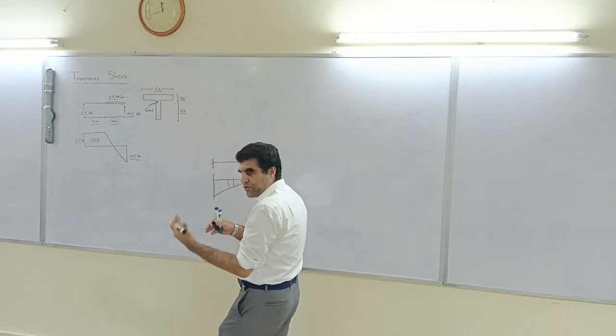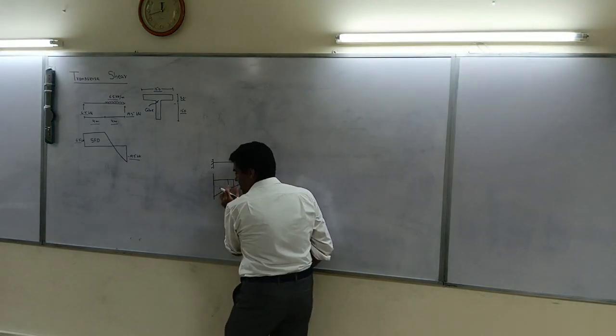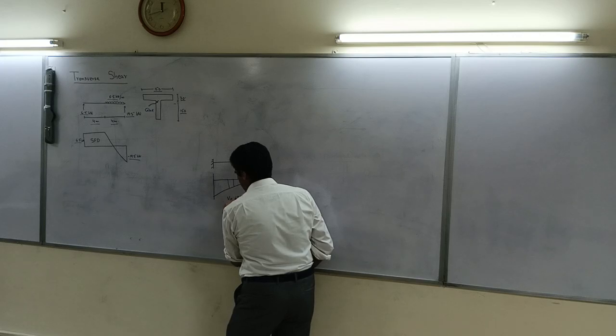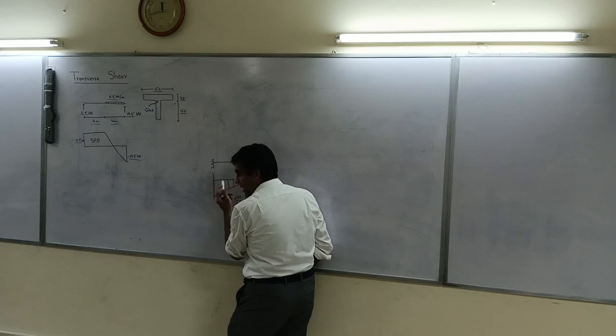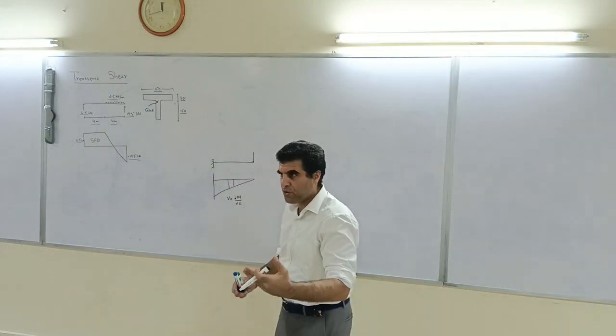So the shear force is the change in the moment, dM by dx. In other words, it is the change in the moment divided by this length L. That is your shear force.